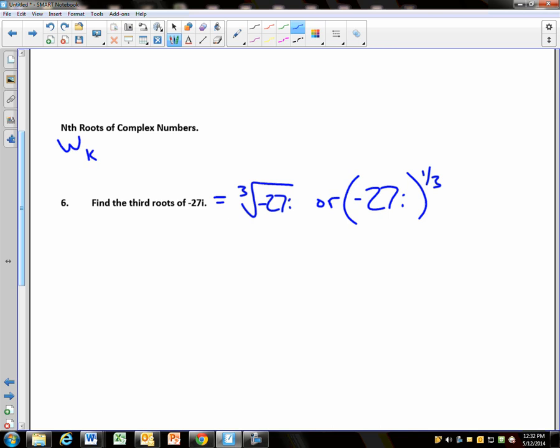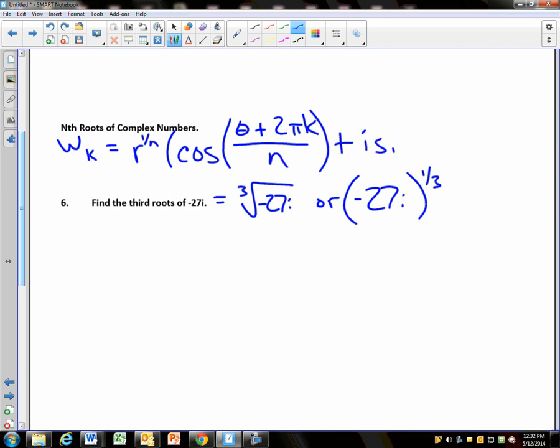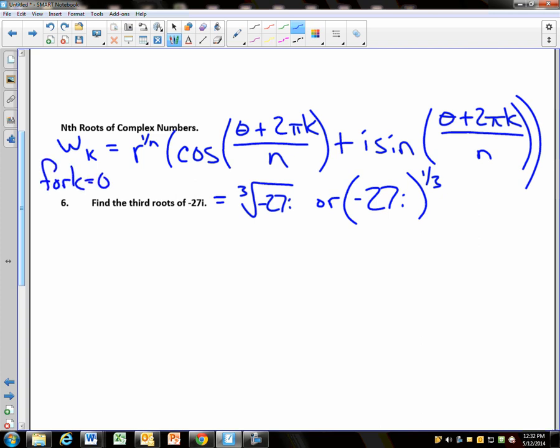W sub k is equal to r to the 1 over n times cosine of theta plus 2 pi k divided by n, plus i sine of theta plus 2 pi k divided by n. That looks worse than it is.